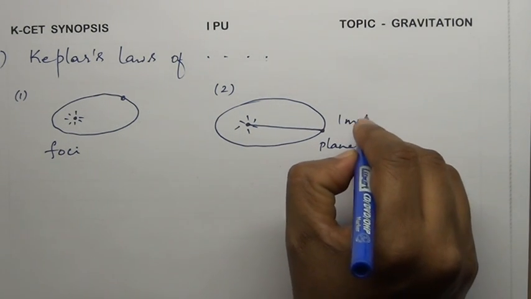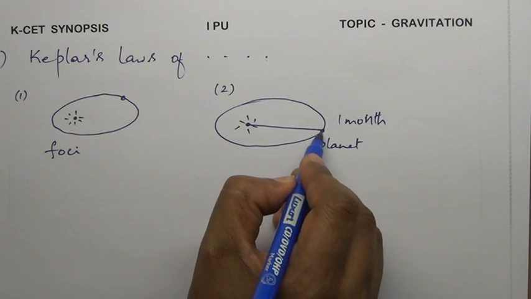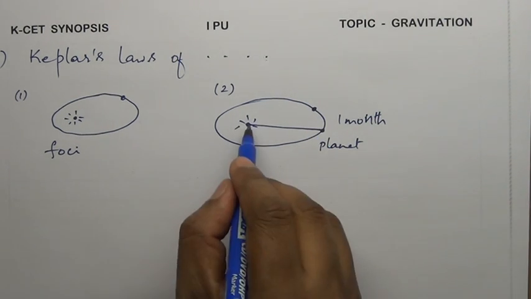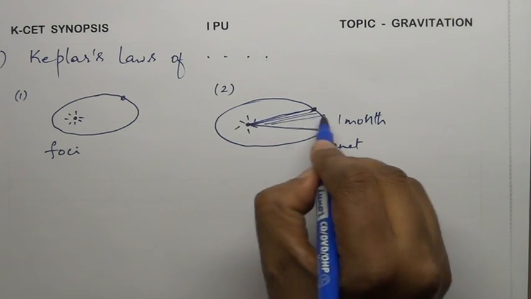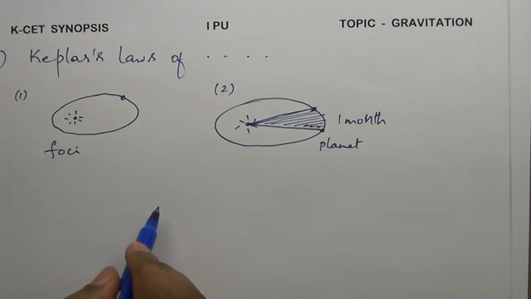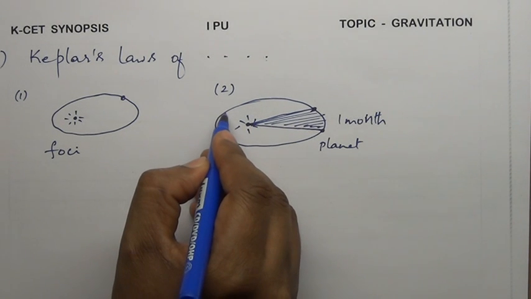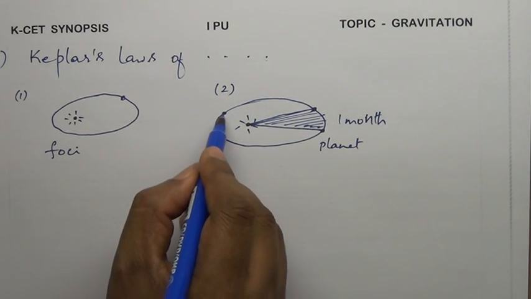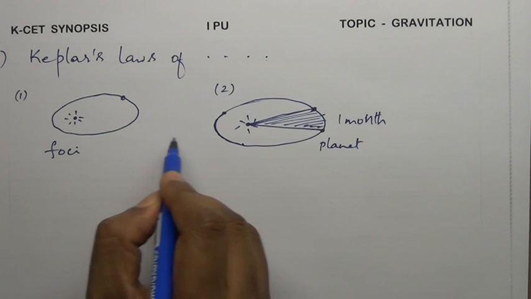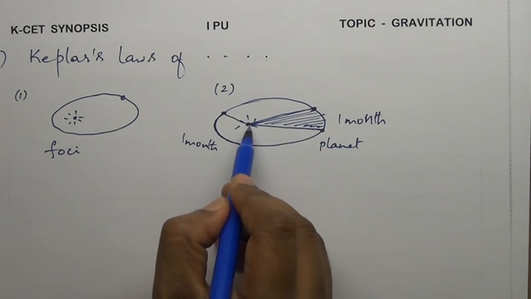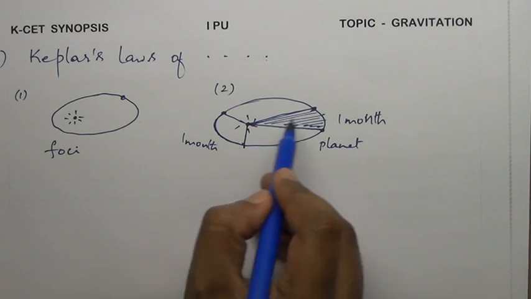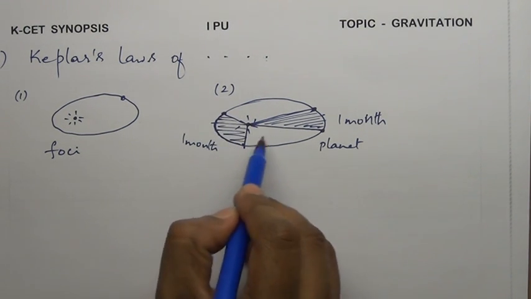In 1 month, if the planet moves some distance, then this imaginary line sweeps some area. This is the area swept by the imaginary line. If the planet is closer to the sun, it moves some distance in 1 month such that the imaginary line sweeps an area equal to this area. So this area equals this area.